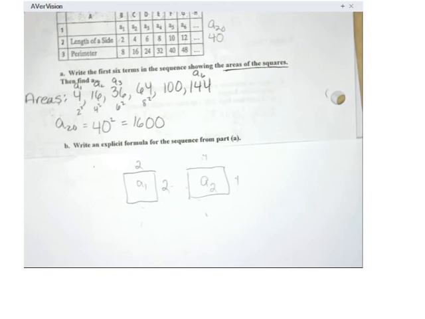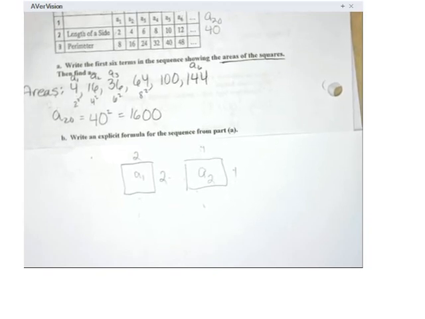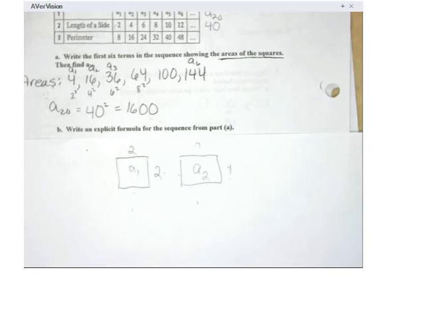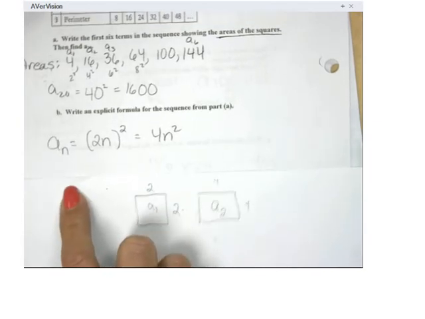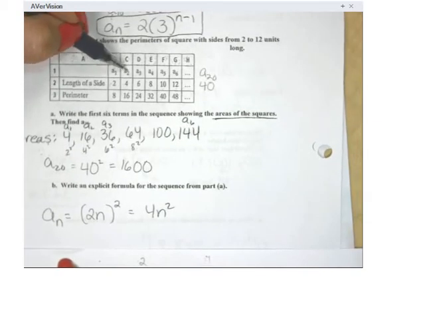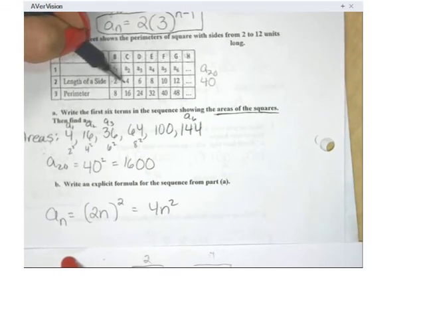Now I want to write an explicit formula for that sequence. So an explicit formula, once again, is going to be: I can just plug in 20 into my rule, and boom, it's going to give me my answer. So if we kind of break that down, we can see that the nth term, or go back even up here to the second term, is going to have a length of a side which is twice as long as this position number down here.